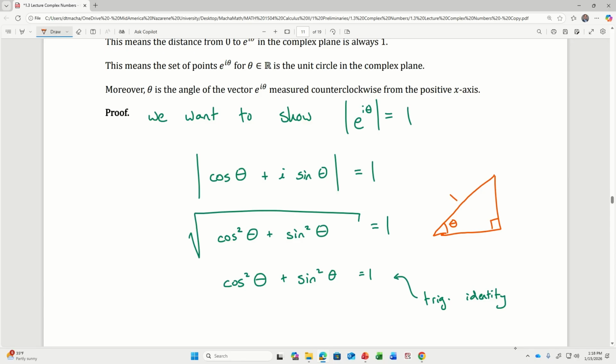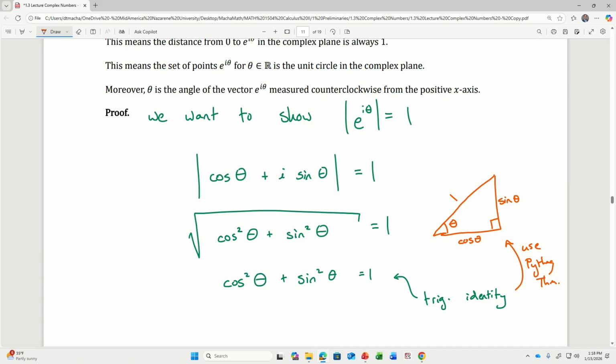If the hypotenuse is 1, then the adjacent side would have length cosine theta, the opposite side would have length sine theta, and then use the Pythagorean theorem. That's super easy to prove. So we know that cosine squared theta plus sine squared theta is equal to 1 because of the Pythagorean theorem.